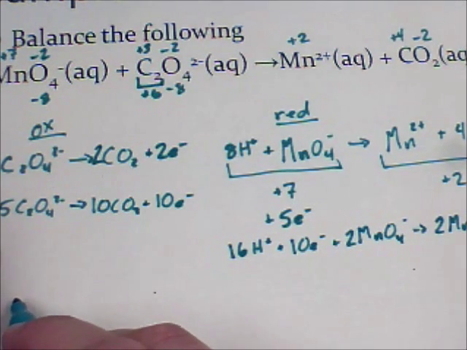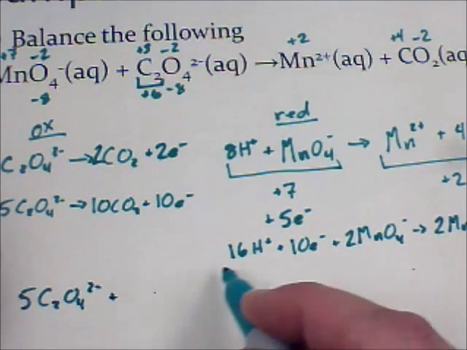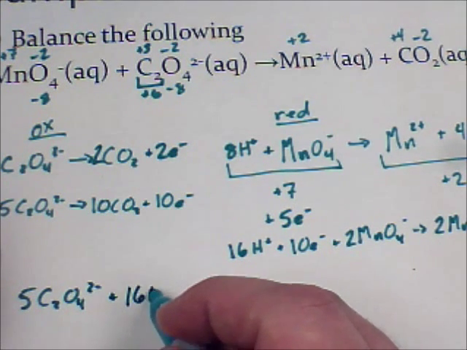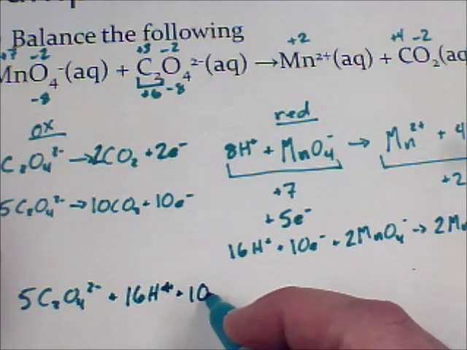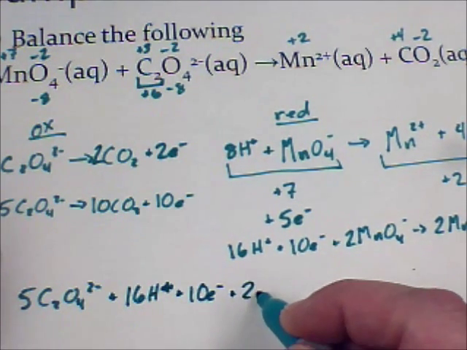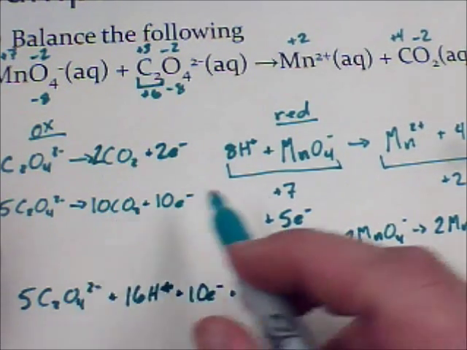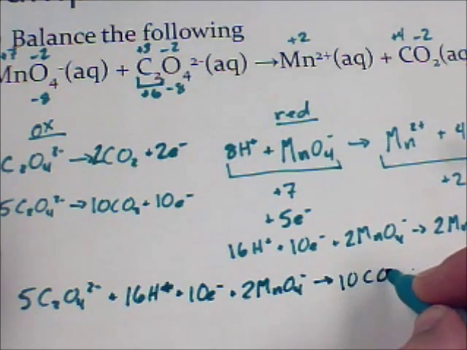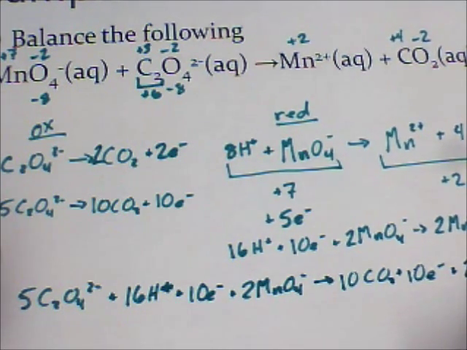So I'll just start over here. 5 oxalates plus, now over to the reduction side, 16 hydrogens plus 10 electrons plus 2 permanganates yields, now on the right, 10 carbon dioxides, 10 electrons, 2 manganese 2 ions, and 8 waters.